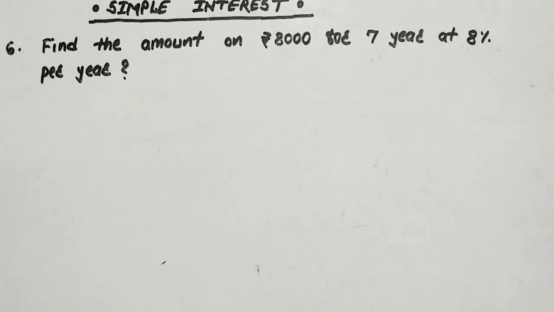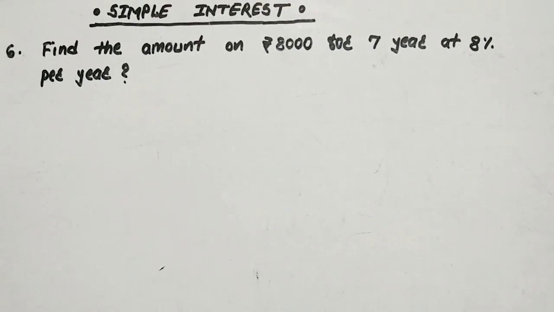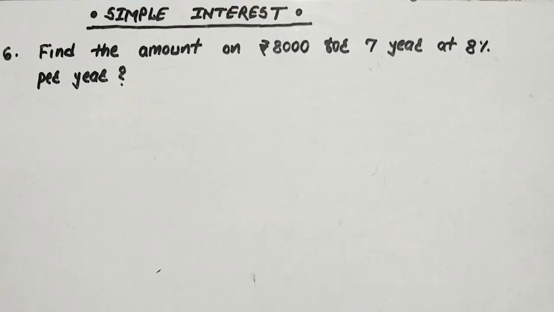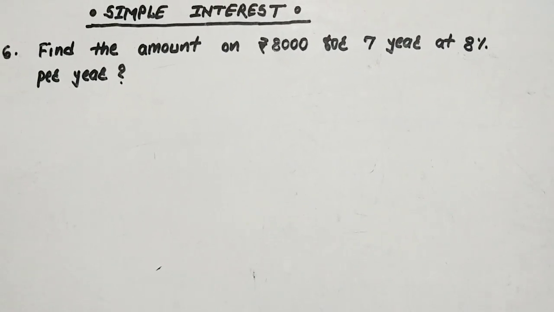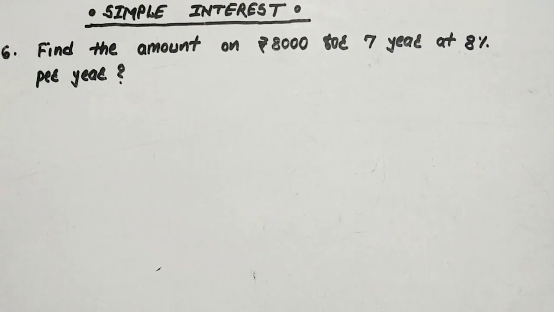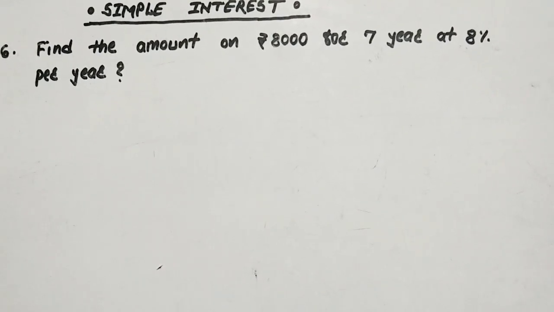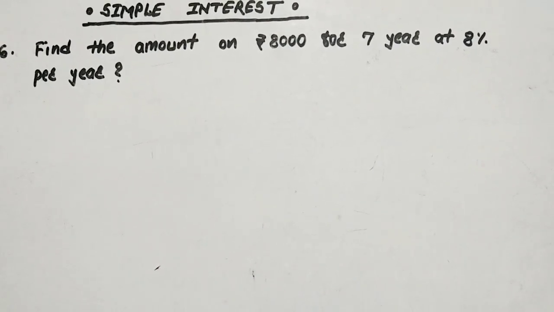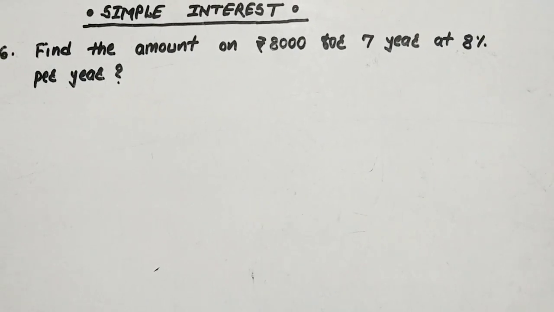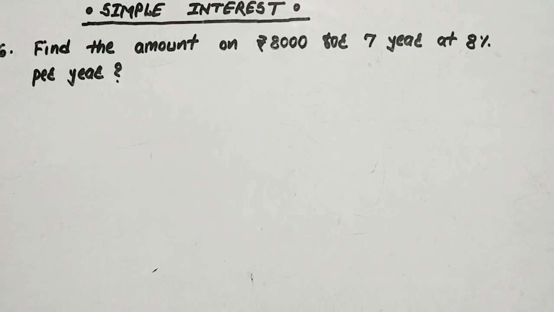So example number 6: find the amount on rupees 8,000 for 7 years at 8% per year or per annum. First we calculate the simple interest, then we easily solve for the amount.